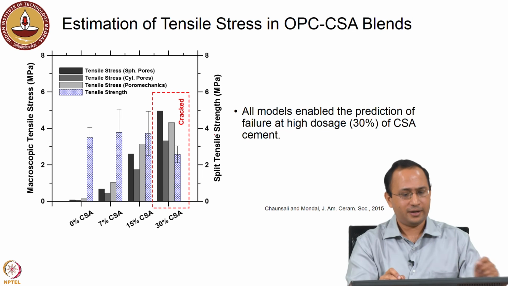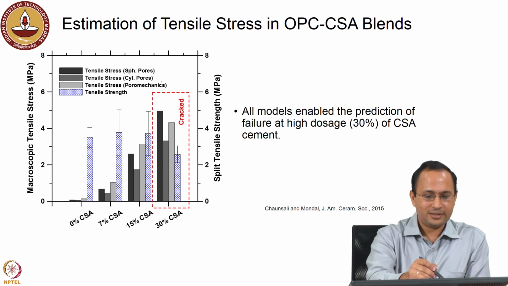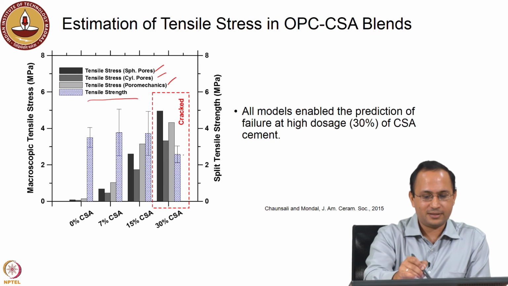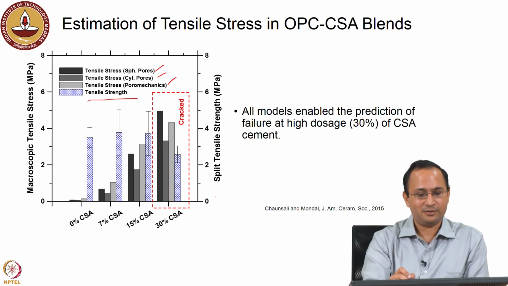So, now what happens when we try to plot. Here is a graph that compares the tensile stresses for spherical pores, cylindrical pores, and poromechanics, these are the 3 models used to predict the tensile stresses, and here is the tensile strength, right. So, basically for the 30% CSA, you can see that we are seeing a significant amount of tensile stress, and it exceeds the strength, right.